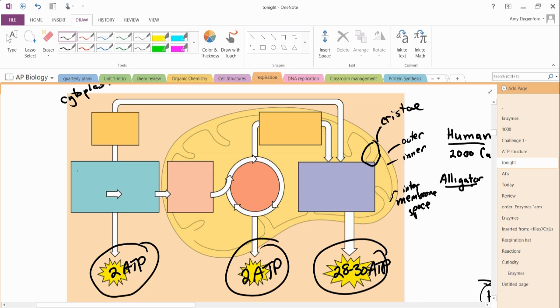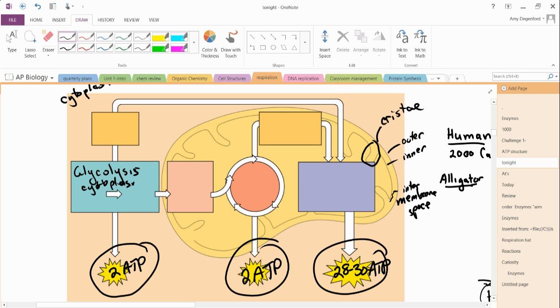So let's go ahead and name these. The first step is glycolysis. And there might be a part of you that's thinking to yourself, oh, not this again. But I promise you, the second time around, you start to remember and the puzzle pieces start coming together. So glycolysis occurs outside, in the cytoplasm.